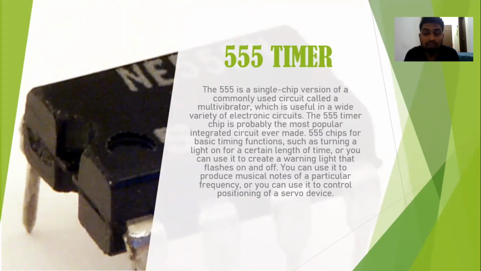It is used for basic timing functions such as turning a light on for a certain length of time, or to create a warning light that flashes on and off. You can also use it to produce musical notes of a particular frequency, or to control the position of a servo device.